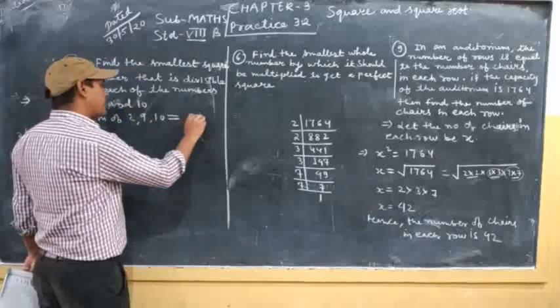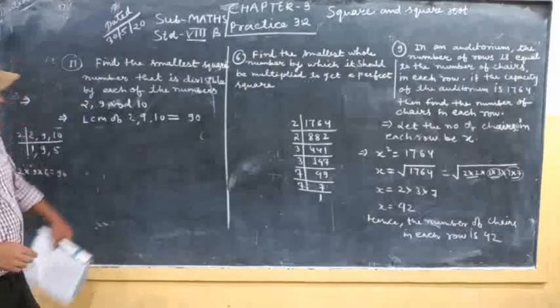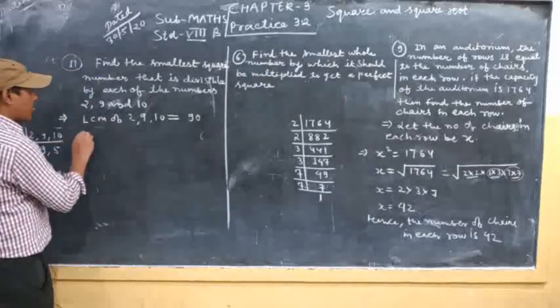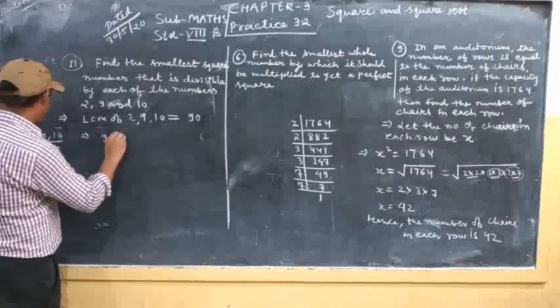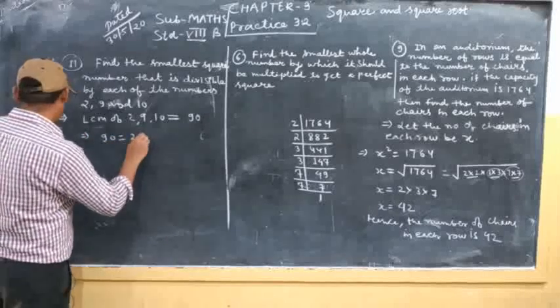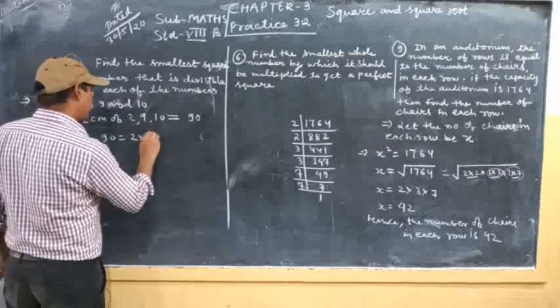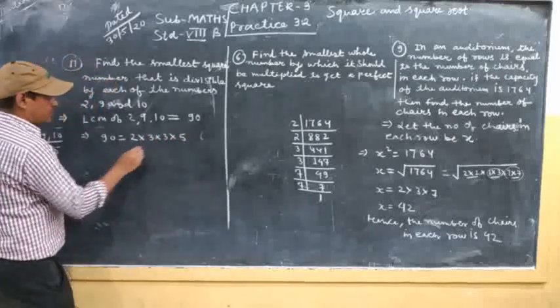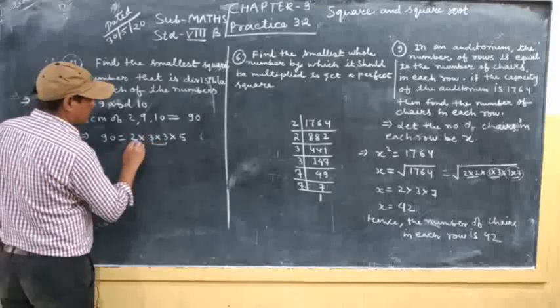So the LCM of 2, 9, 10 is 90. As we know that 90 is not a square number, in order to find a square number, we just find the pairs of its factors.